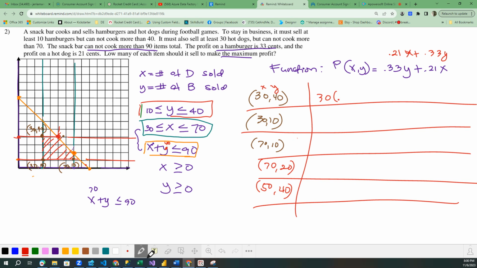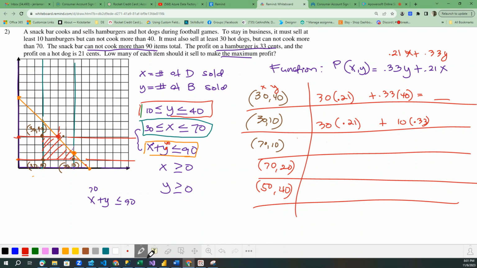So 30 times 0.21 plus 0.33 times 40. And whatever that is, there should be a number there. And then you do 30 times, this is going to be not 30. Yeah, 30 times 0.21 plus 10 times 0.33. All right. And then I wrote it backwards.